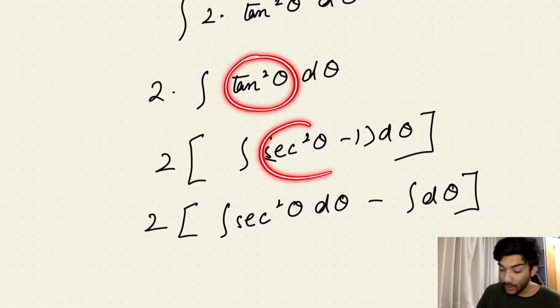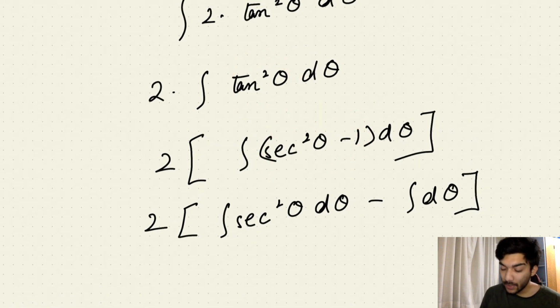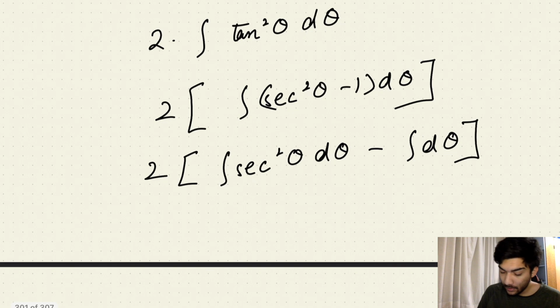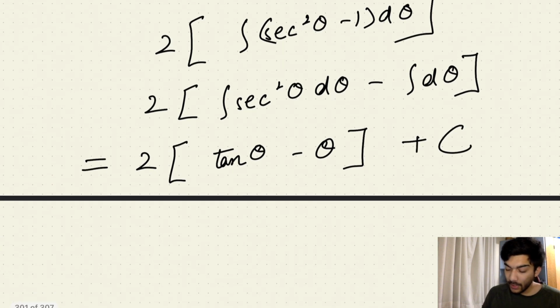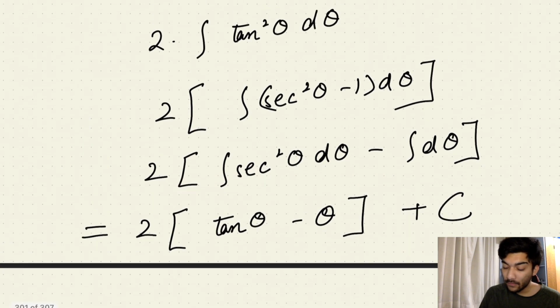The reason we converted tan square theta to secant square theta minus 1 is that we know the integral of secant square theta d theta is tan theta. So this integral expression would be equal to tan theta minus theta. The integral of d theta is theta, and once you are done with solving all the indefinite integrals, you'll add the constant of integration at the last, right? And this would be your final answer.